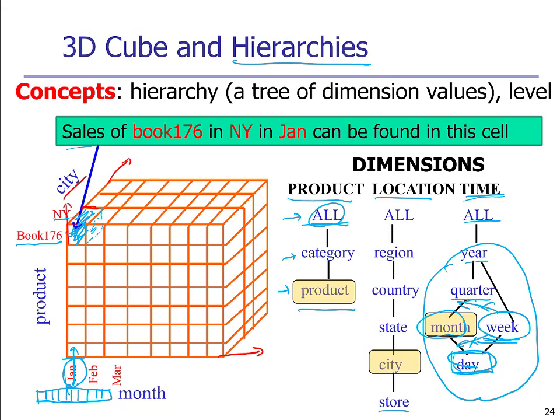Another thing is that since we're talking about the physical implementation of the data cube, there is actually a hidden dimension, which is the measures. In many data warehousing implementations, there is a virtual or hidden dimension called measures.